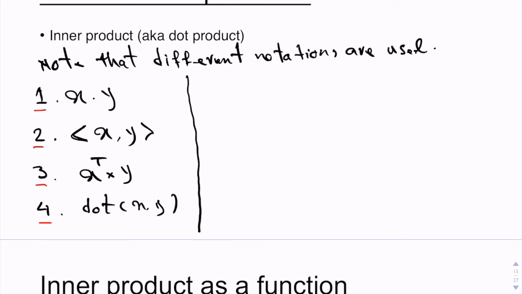So if X belongs to Rn, note that I use the real numbers, but it could be any other space, right?